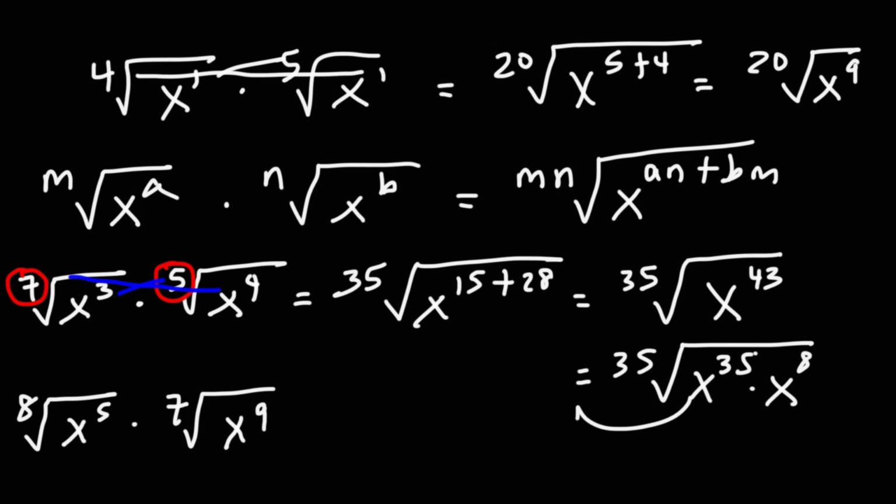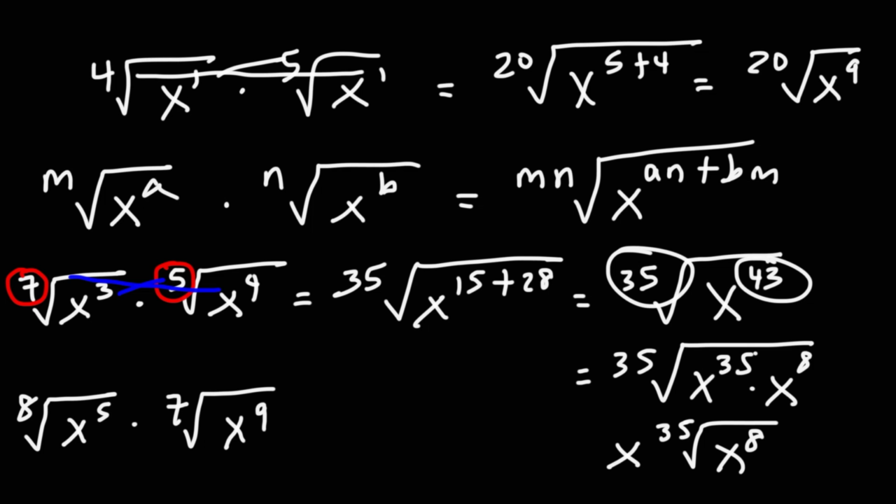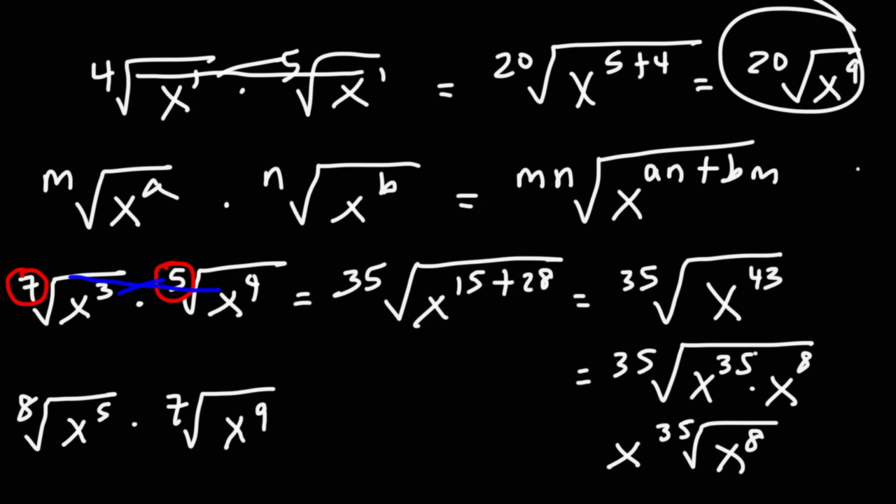So this can come out as an x. So we have x times the 35th root of x to the 8. So you could leave your answer like that if you want to. If the exponent is greater than the index number, you could simplify it. In this case, it's not. So this is as far as we could simplify it.